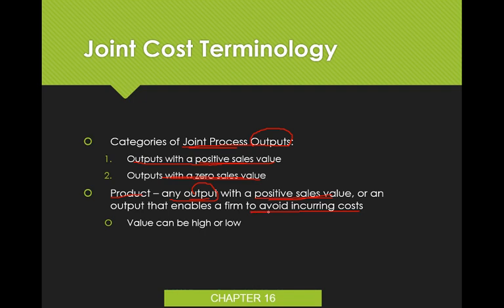And if the output doesn't have positive sales value, but it enables the firm to avoid cost, avoid cost meaning we save costs, then we will consider it a product.